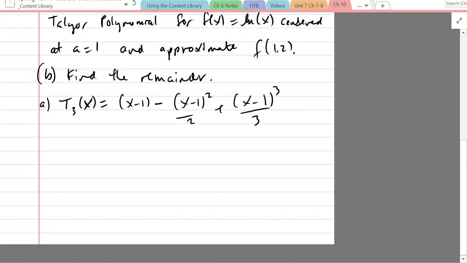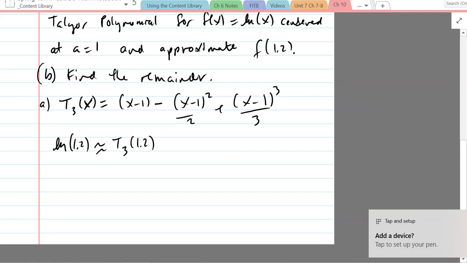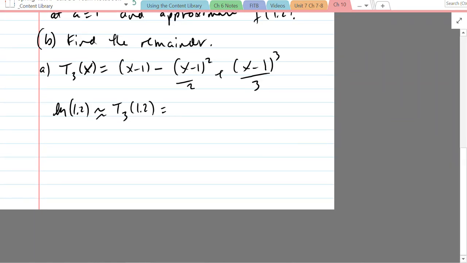And if we want to approximate natural log of 1.2 with this Taylor third degree polynomial, it is going to equal, well, 1.2 minus 1 is 0.2, and then minus 0.2 squared over 2 plus 0.2 cubed over 3. And that equals 0.1827.